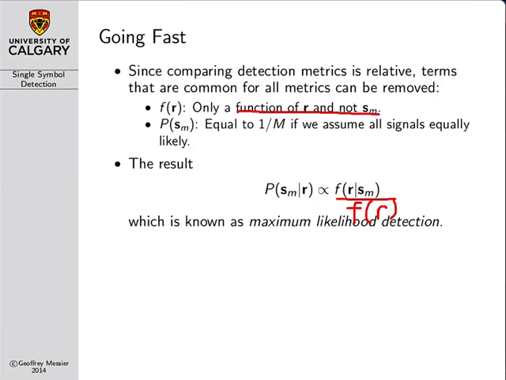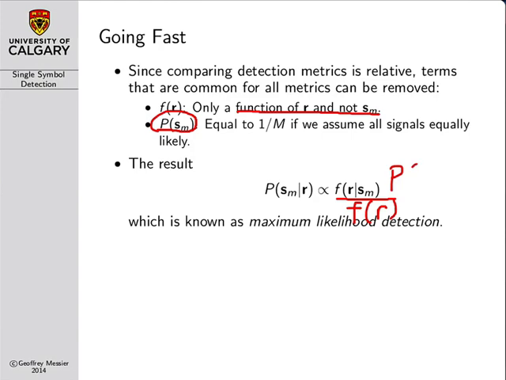This is basically a PDF equation that's the overall distribution for received signal vector values, and it's the same for all transmitted signals. And so we can pull it out of the Bayes theorem equation and not affect the relative comparison of posteriori probabilities. Same thing for the a priori probability term Ps of m.